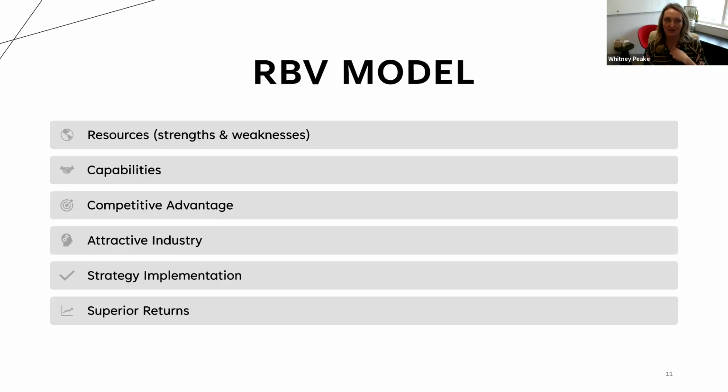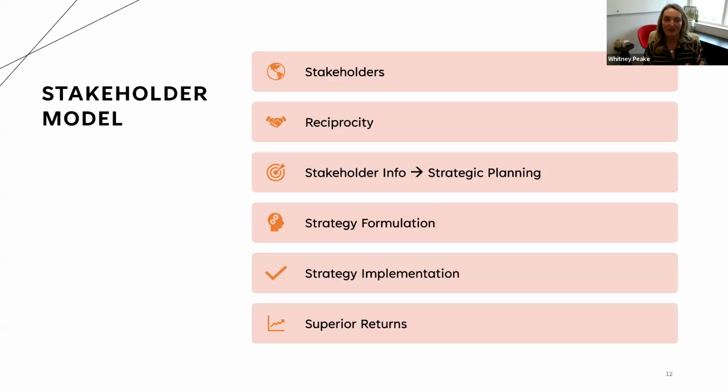And that they really start internally looking at what they're good at, what capabilities they've developed that can lead to a competitive advantage, what industry that would apply to, based on their experiences, and then work to implement strategy and earn returns. And then the third and final model is called the stakeholder model.